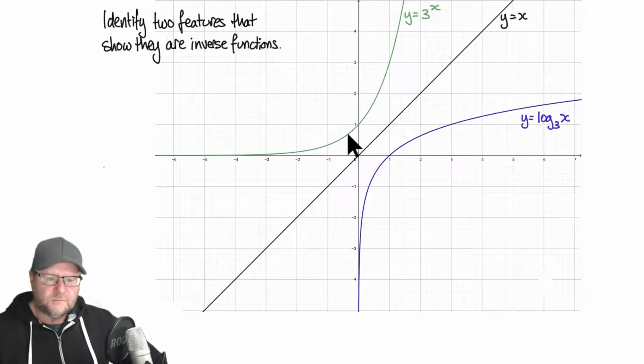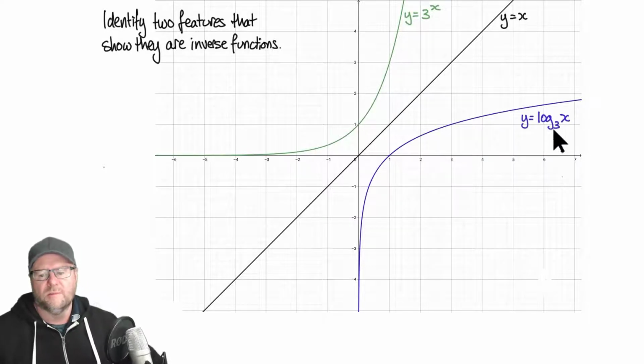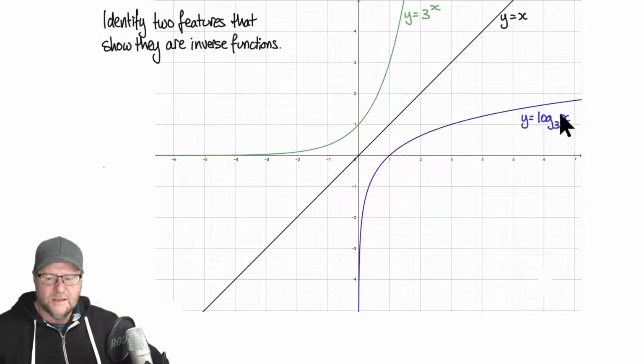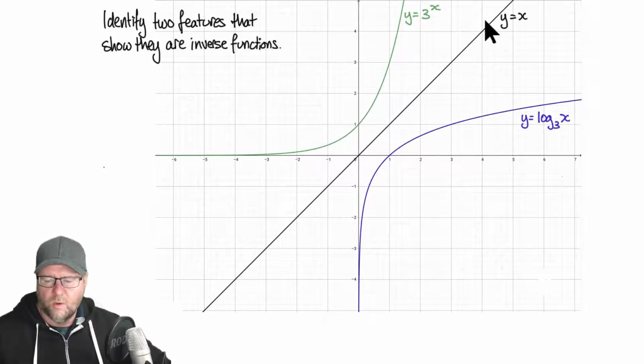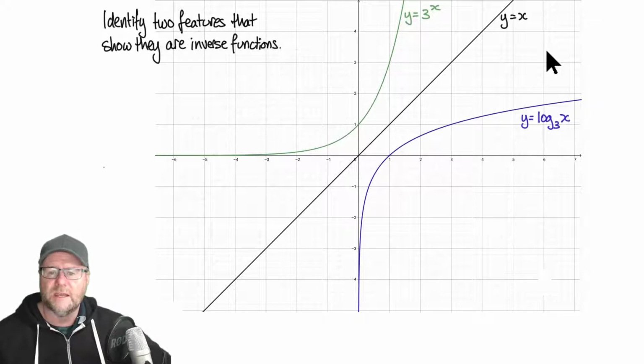First of all, we've got two functions here. I've got my exponential, y equals 3 to the x, and the logarithmic function, which is the equivalent, is y equals log to the base 3 of x. I've also thrown on here my linear y equals x, because remember in a previous video we talked about the fact that they're inverse functions.